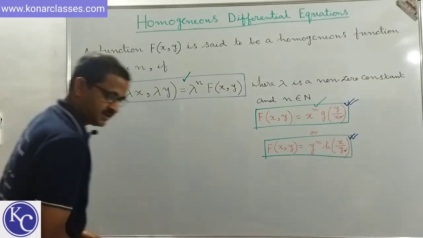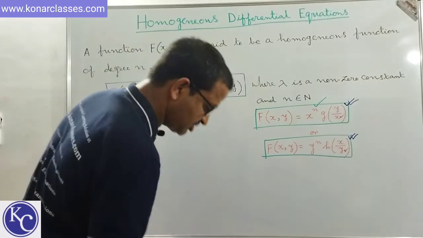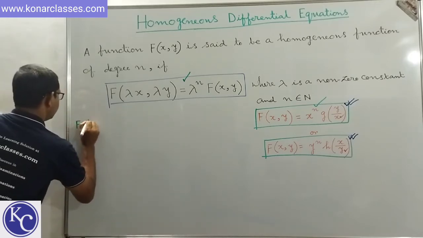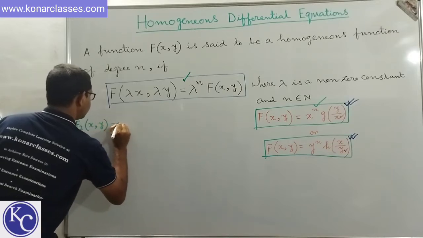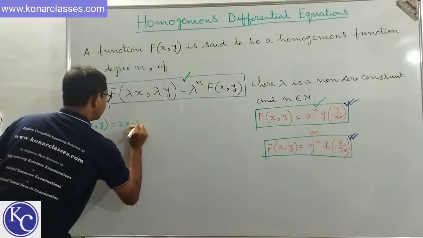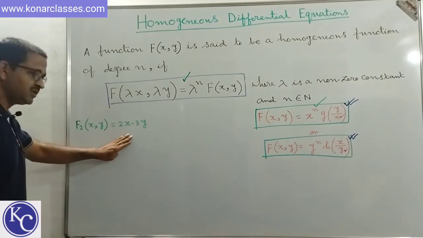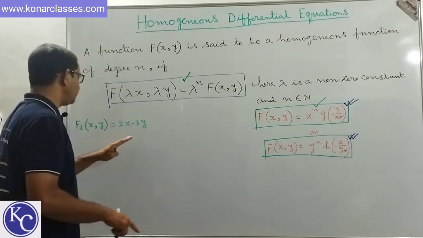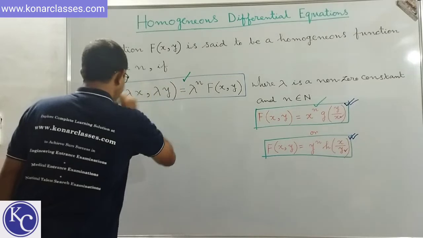The next function I am going to write, dear students, is f2 of x comma y, and suppose the function is 2x minus 3y, and we are going to see whether it is a homogeneous function or not, and if it is a homogeneous function, of what degree. First we are going to apply this definition.